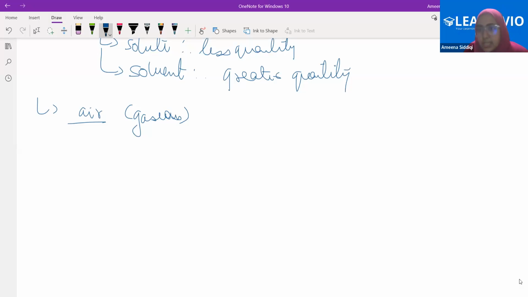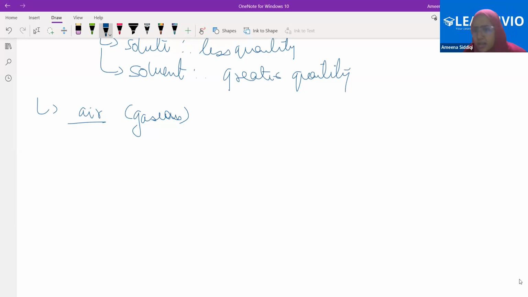My question is, is the composition of air variable or is it fixed? See, beta, at times we say nitrogen is fixed, it's 78%. Oxygen is also fixed, 21%.